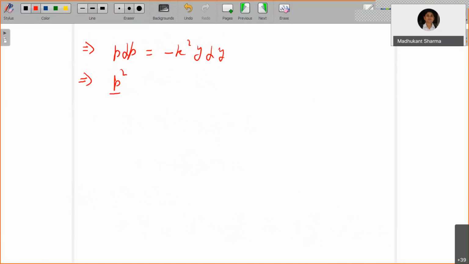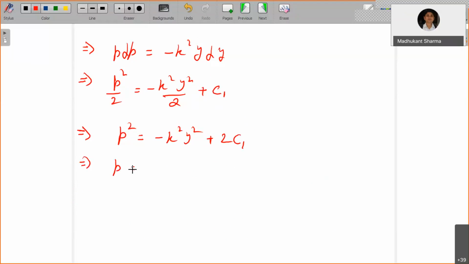What you will get is p square by 2 equals minus k square y square by 2 plus some c1. So this implies p square equals minus k square y square plus 2c1. So this implies p equals plus or minus square root of 2c1 minus k square y square.